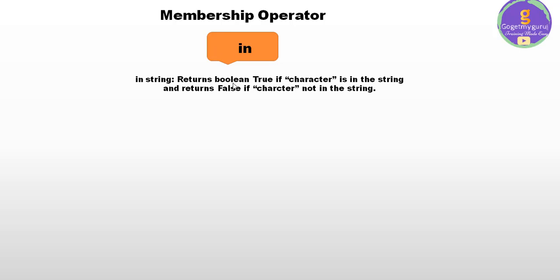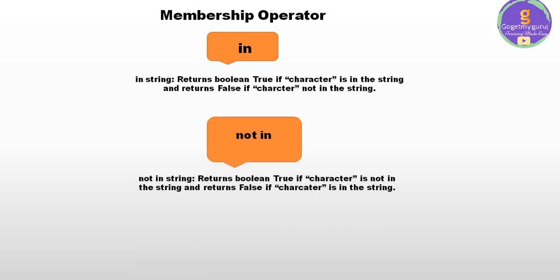Next we have not in. This returns boolean true if the character is not in the string and returns false if the character is in the string. So we are going to test whether the character given by the user is in the string or not, using two keywords, that is in and not in.